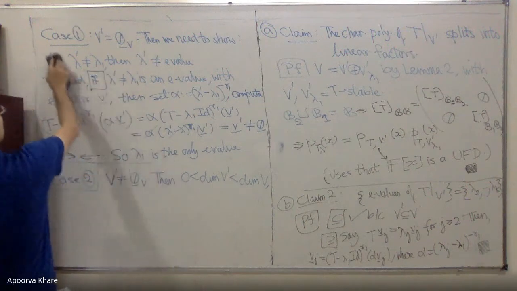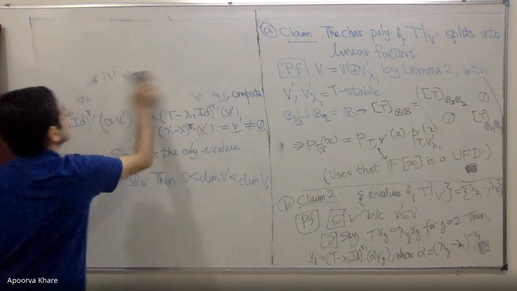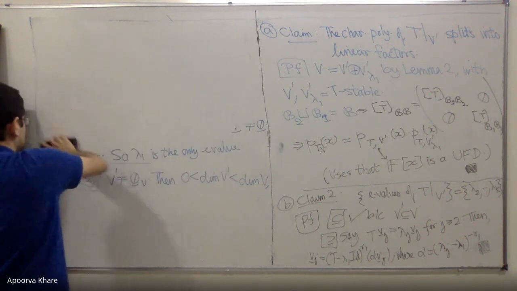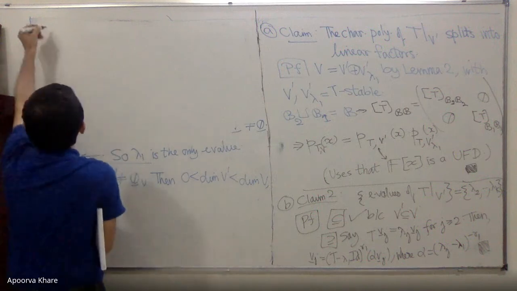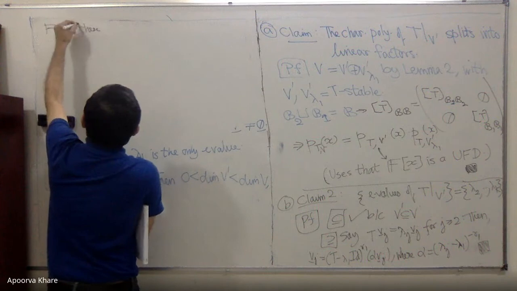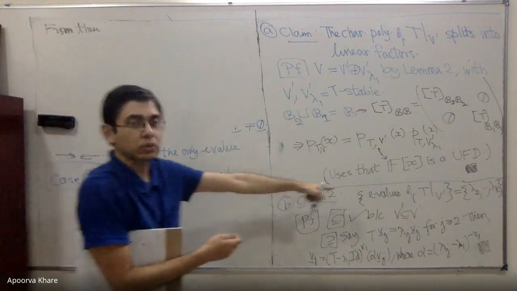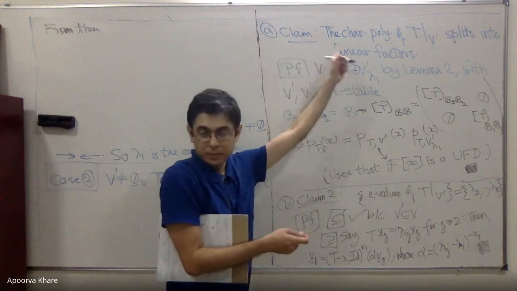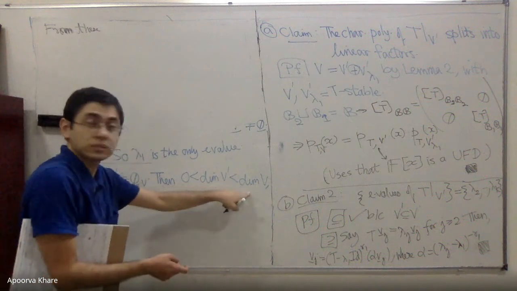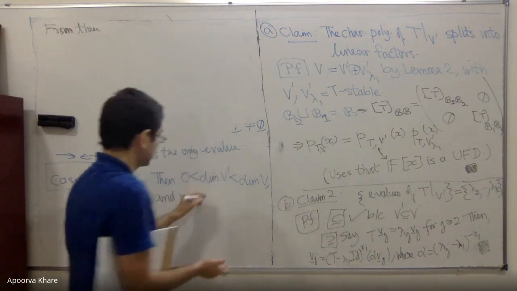Now I will say, from these claims, and because V prime is T stable, these claims are verifying all the assumptions: the eigenvalues are lambda 2 through lambda k, the polynomial is a product of linear factors, the map is T stable, the dimension is small.